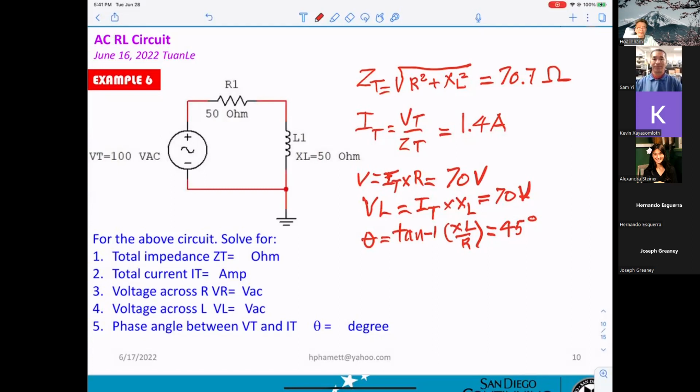Make sure for the inductive circuit, it's very important for you to memorize that VL leads IL by 90 degrees. That's the key point.